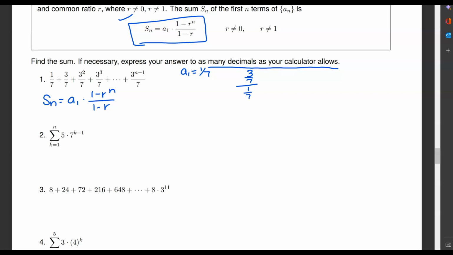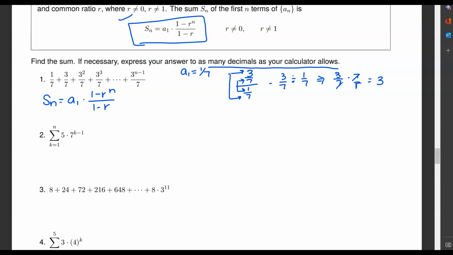This is the same thing as saying 3/7 divided by 1/7, which is the same thing as saying 3/7 times 7 over 1. So our 7's go away and I end up with 3. You can also look at it as our outer over inner. So 3 times 7 over 7. But those 7's cancel out, so we end up with just 3.